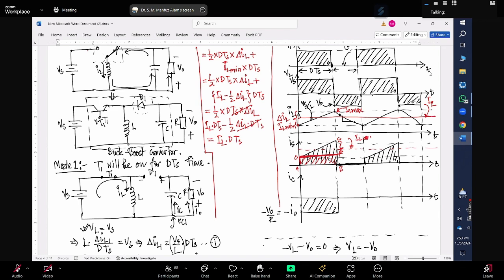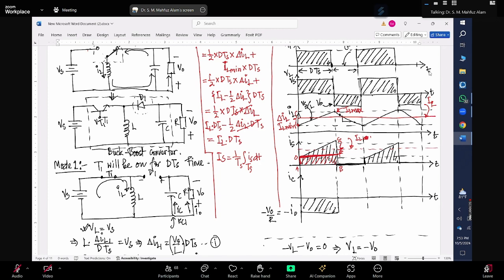So what should be the average current, IS? Average IS should be 1 over T multiplied by IS dt, right? Over the time T, or we can write 1 over Ts.